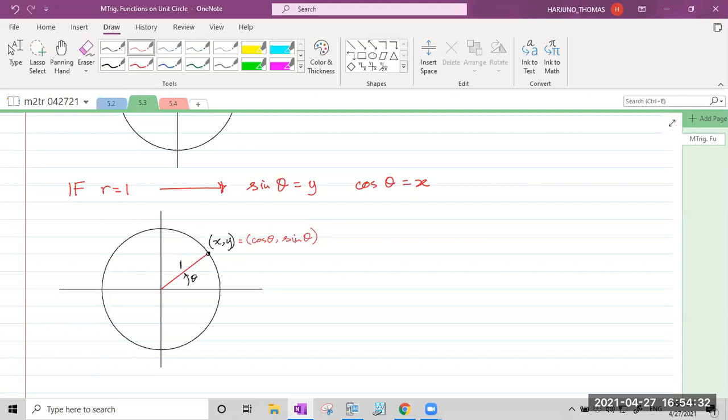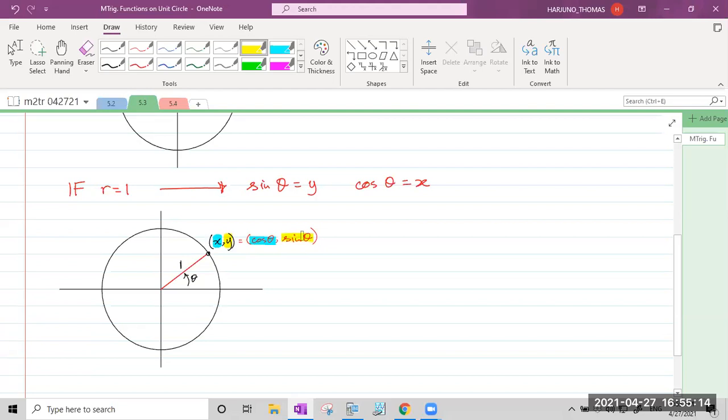In other words, if you have a unit circle, that is a circle centered at the origin with radius 1, then the coordinate corresponding to angle theta in standard position must be cosine theta, sine theta. So the x component of that coordinate on the unit circle must be cosine theta, and the y component must correspond to sine theta.